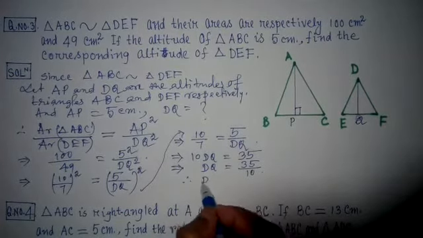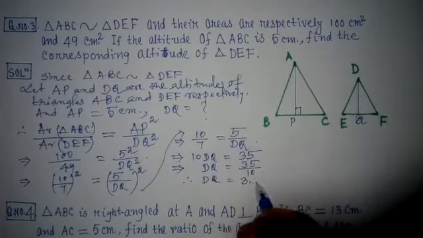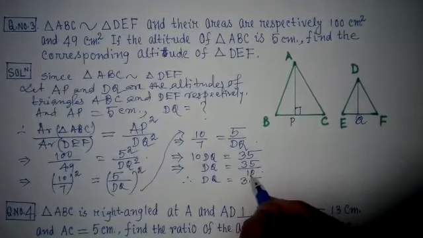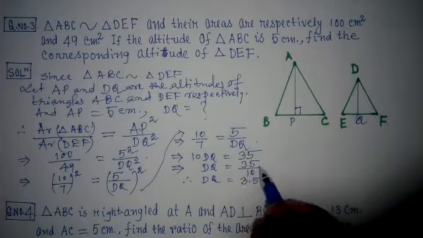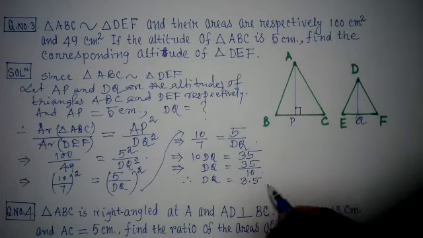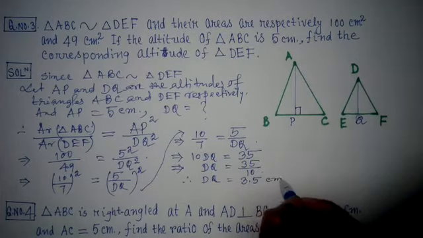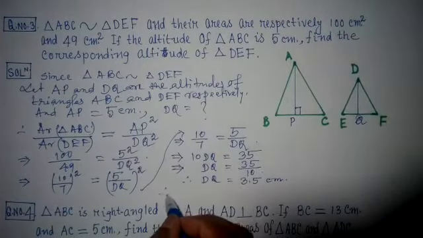Therefore, we can write DQ is equal to 3.5. 35 by 10 changes into decimal: in the denominator after 1 there is one 0, so in the numerator after the decimal, 1 number. So it can be 3.5. The question is given in centimeter, so this will be centimeter. We can write the answer.